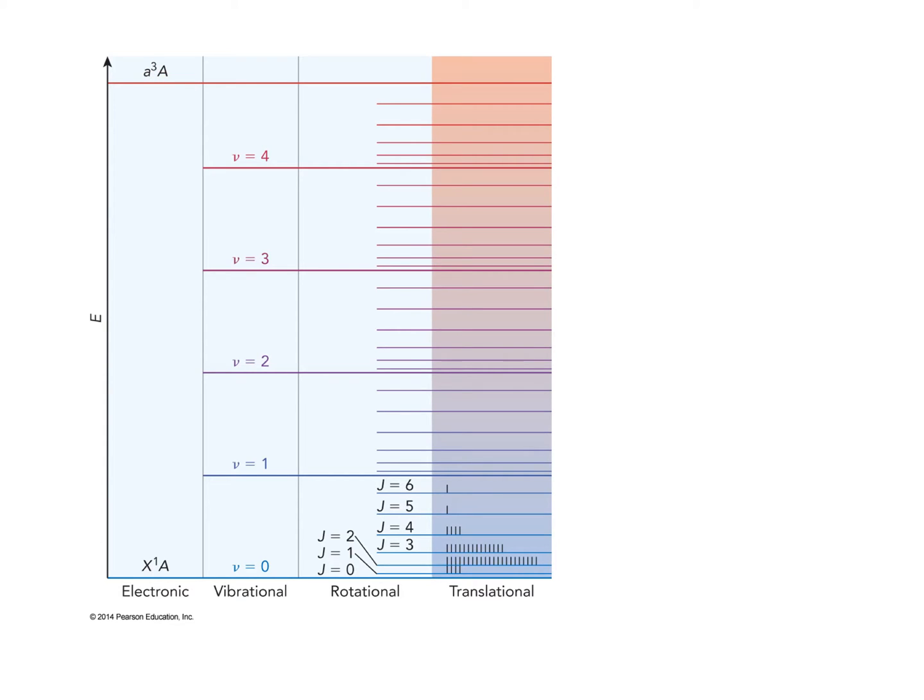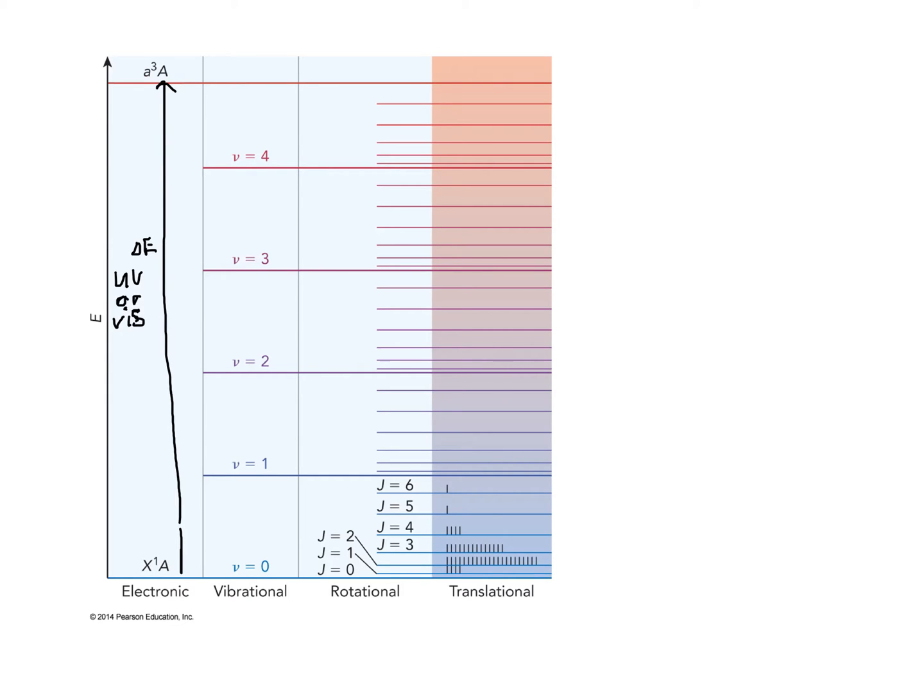So if we were to try to excite an electron in this molecule, we would have to put in the amount of energy that matches the energy gap between the ground state and the first excited state. This is quite a large amount of energy and corresponds to typically ultraviolet or visible photons.